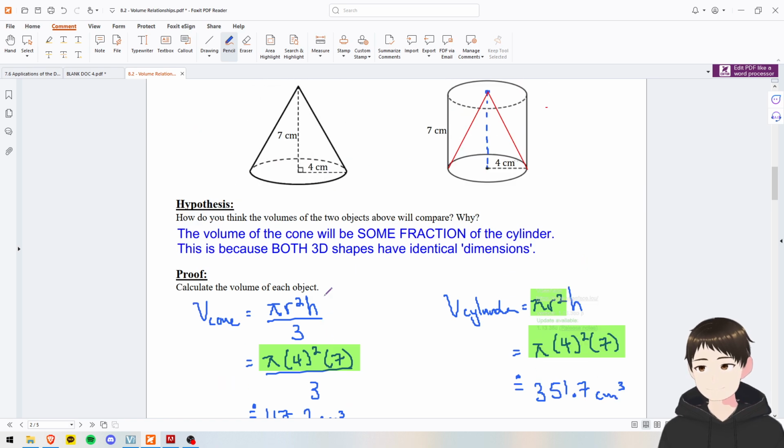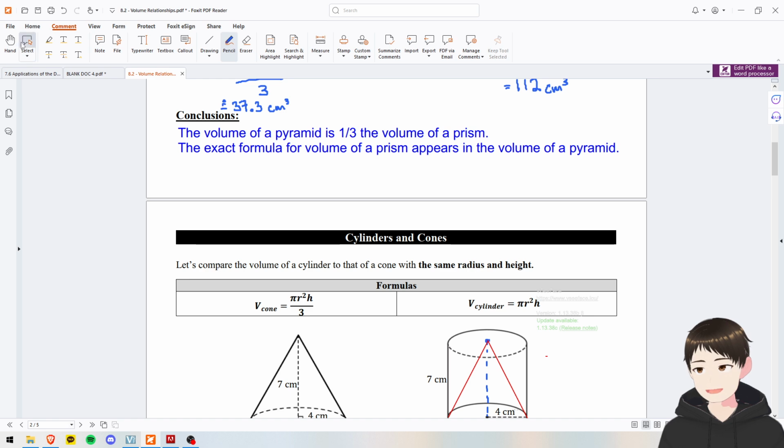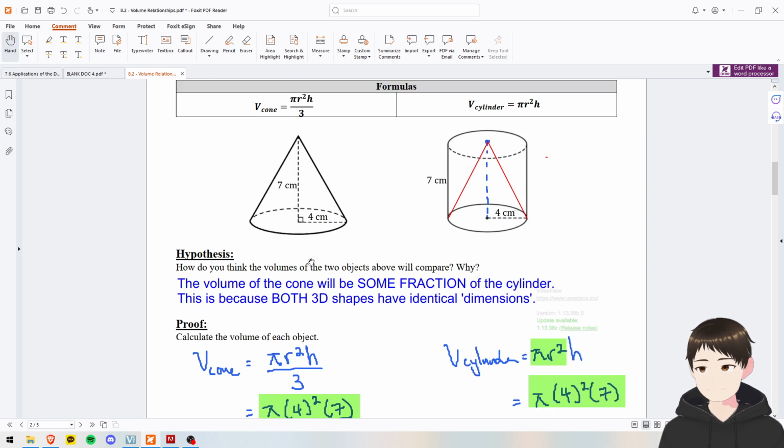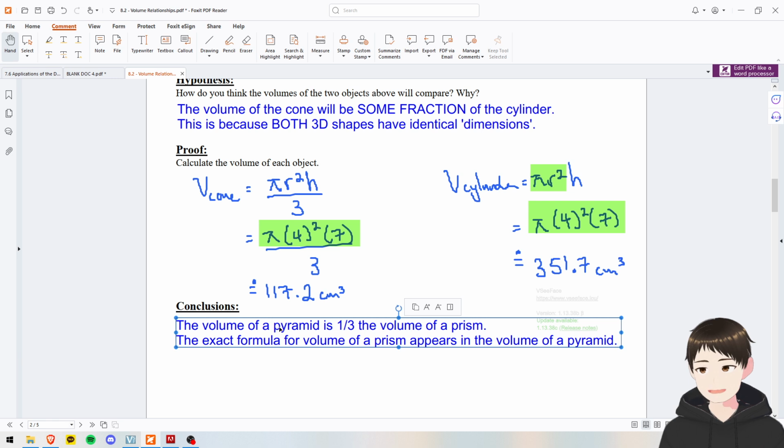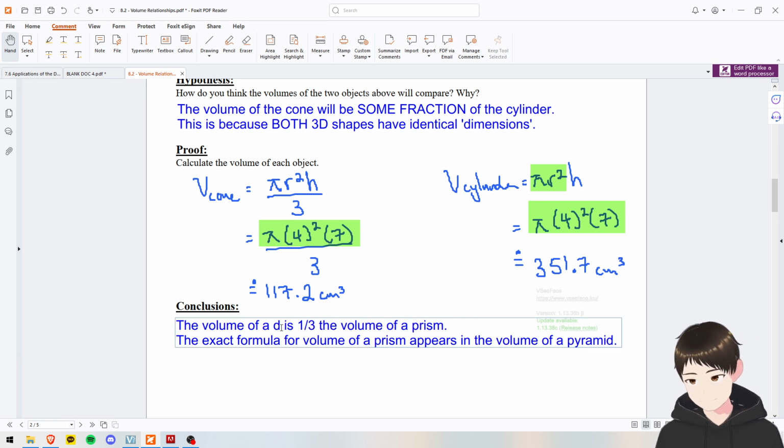Okay. So once again, I'm not even going to retype it. What is the conclusion that I've come to? The volume of a cone is 1/3 the volume of a cylinder.